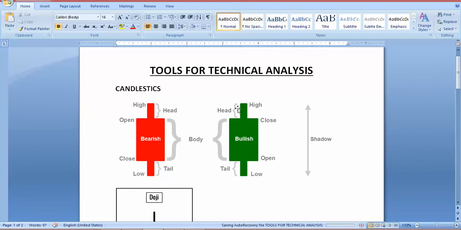In this candle we had the open here, price tried to push downwards, but then the buyers came in and pushed it all the way to this high, then eventually closed like this. So basically this is how candles are. The more we do technical analysis, you see how they work.